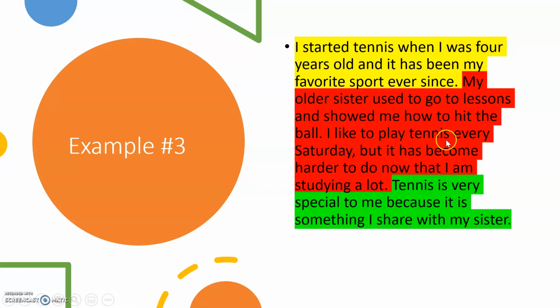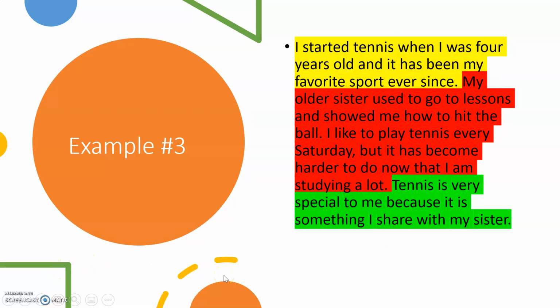I like to play tennis every Saturday, but it has become harder to do now that I am studying a lot." So in these supporting sentences, it's giving us more details about this person playing tennis. And in the concluding sentence, in green, it says, "Tennis is very special to me because it is something I share with my sister." So they're summarizing their thoughts on tennis in this paragraph.